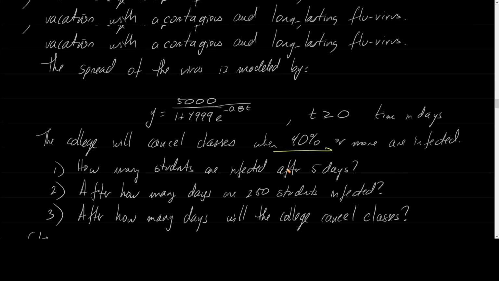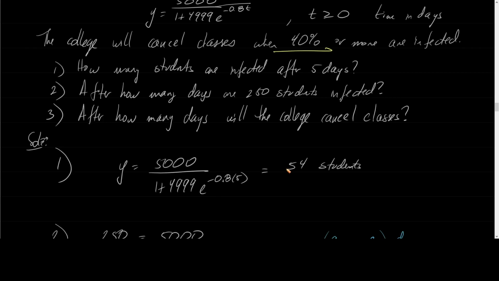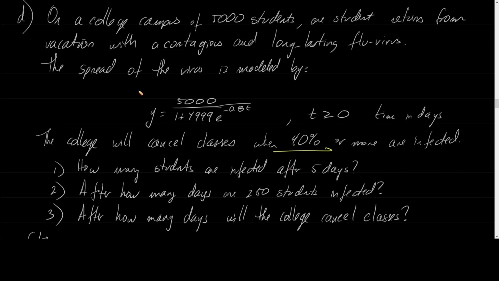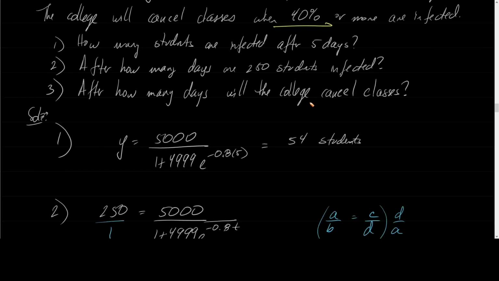This example shows essentially how epidemics spread. You start with 1 person being infected, in a closed environment of 5,000 students, where 1 person comes back infected. After 5 days, 54 students were infected.